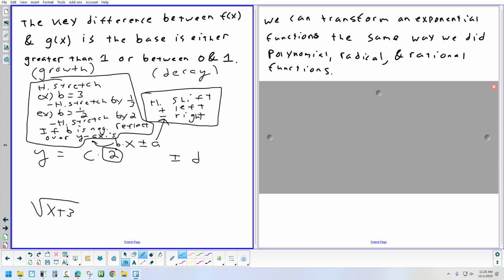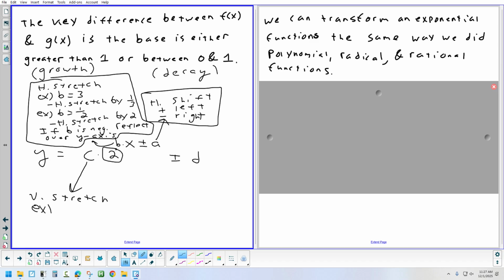Now C is very similar to B, but it's on the outside. So what kind of transformation do you think C is? Yeah. A vertical stretch or shrink. Yep. So that's your vertical stretch.